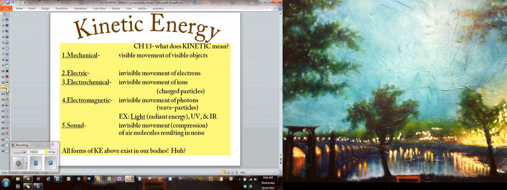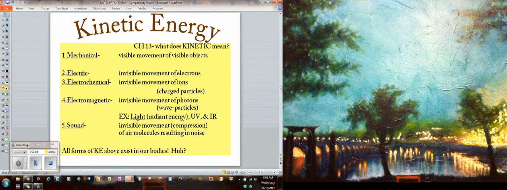Let's take a look here. These are different named forms of kinetic energy. Different scientists will categorize kinetic energies differently. This is the way I do it. We got mechanical, electric, electrochemical, electromagnetic, and sound. You can read through your definitions. Let me just say a few. We have electric showing up 3 times.